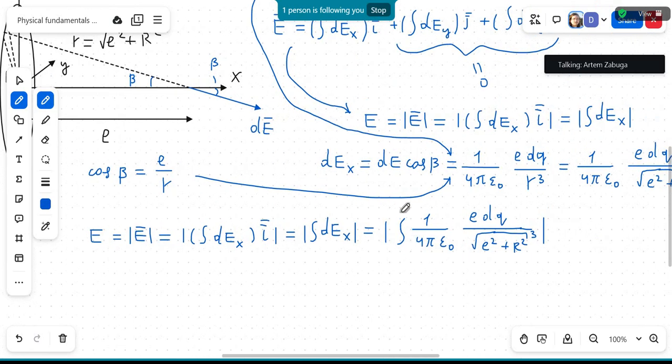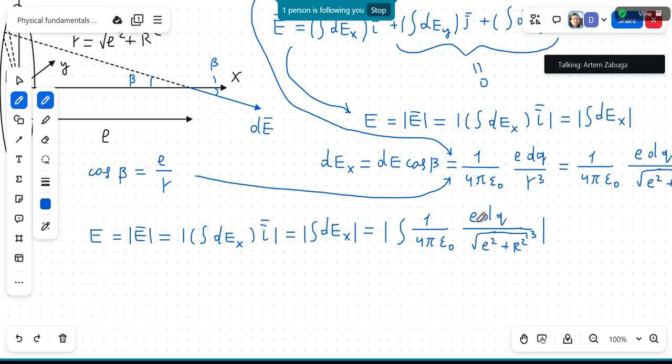Okay, and what can you say about the integral limits here? What about the integral limits? No ideas.